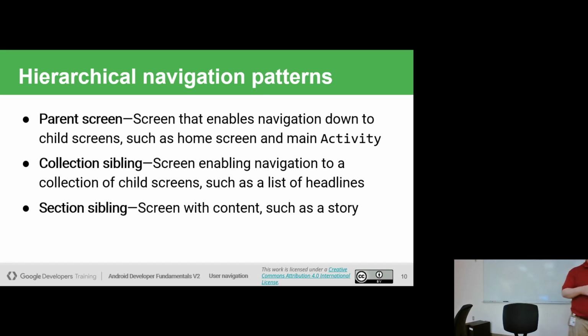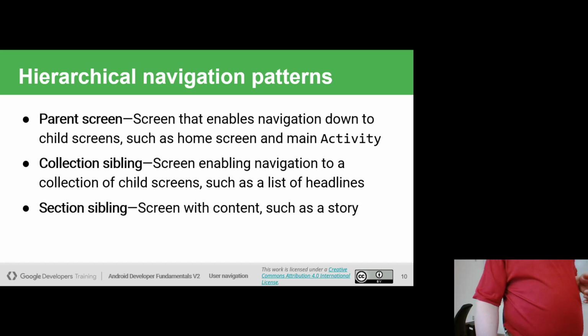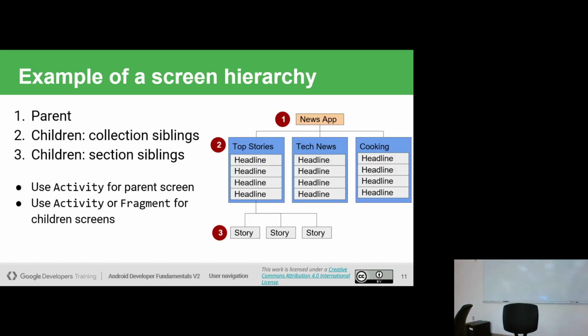The topics, right. So if we're looking at here, the story's parent is this list of articles, right? And then the parent of that is the main home screen, where they picked which topic or whatnot that they're going to go with. So we've got the parent, the first level children, and the second level children.